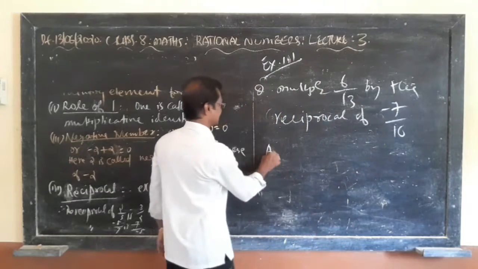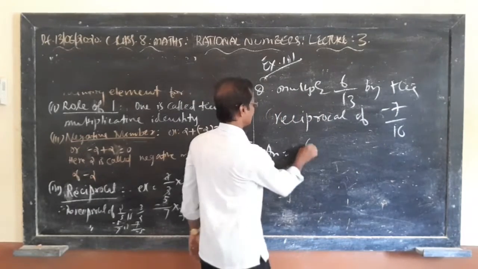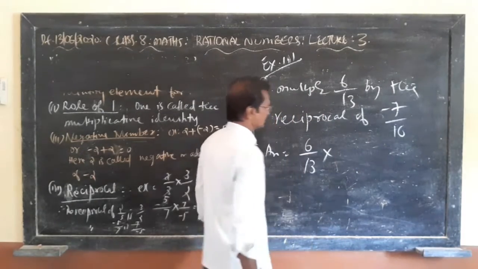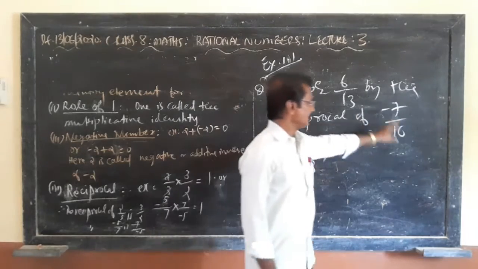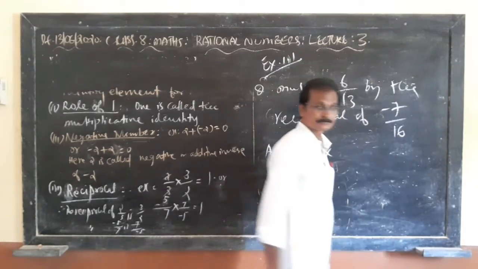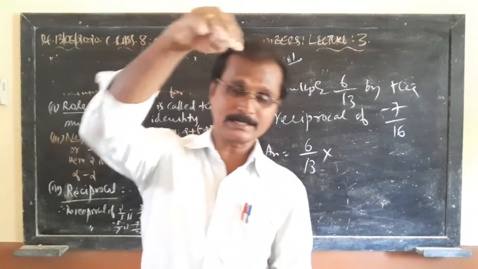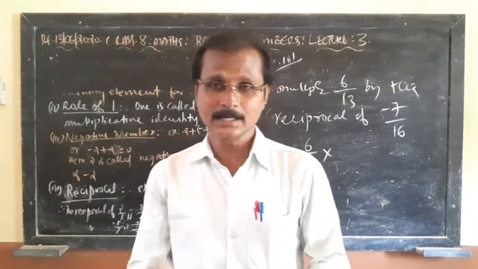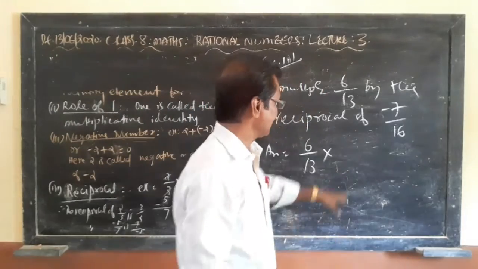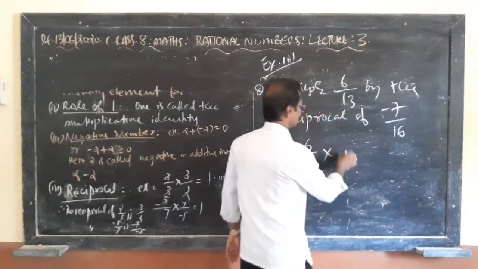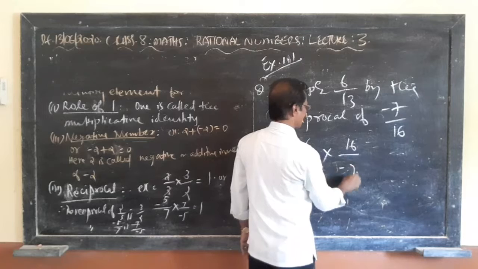So we need to write the answer like this: 6 upon 13 into the reciprocal of minus 7 upon 16. Numerator becomes denominator and denominator becomes numerator. Minus 7 upon 16 means 16 upon minus 7.